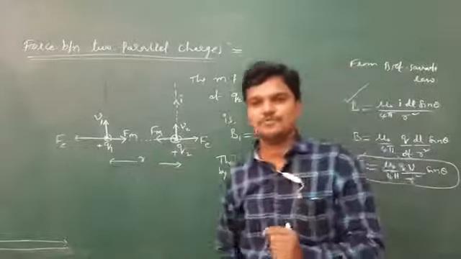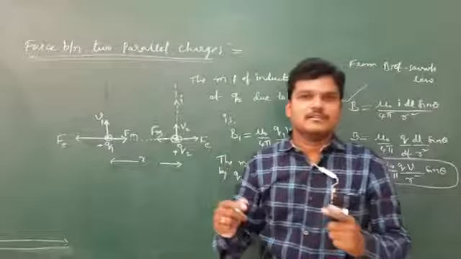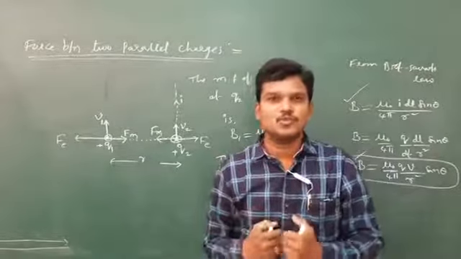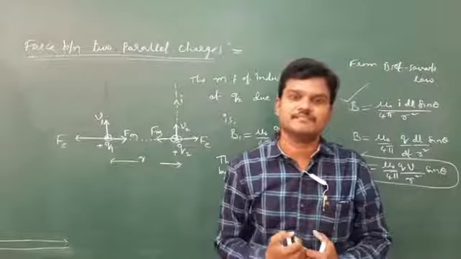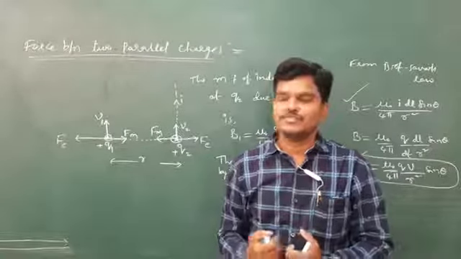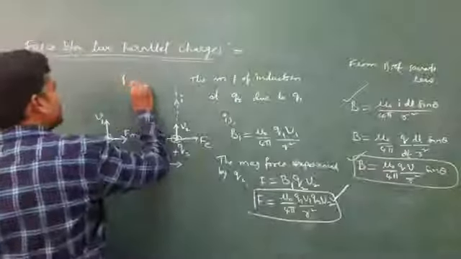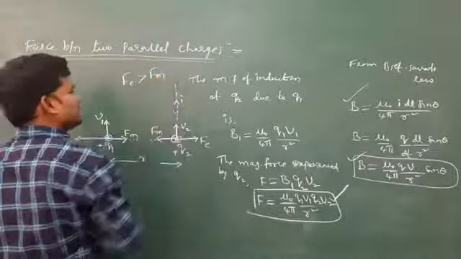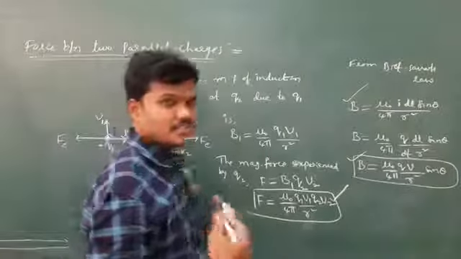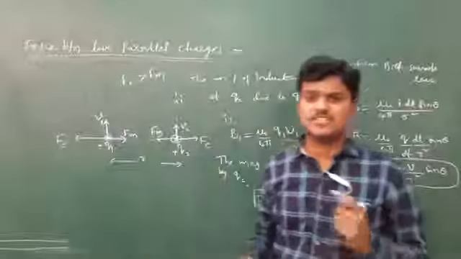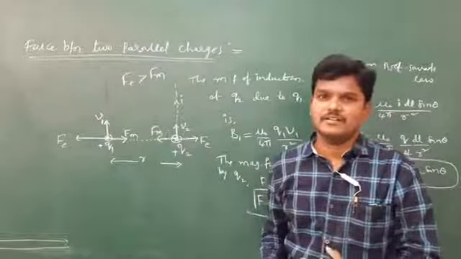But generally, if we compare the forces, the Coulomb force is dominant over the magnetic force. So the electrostatic force is generally greater than the magnetic force. That's why, tell me, will these two charged particles attract or repel?